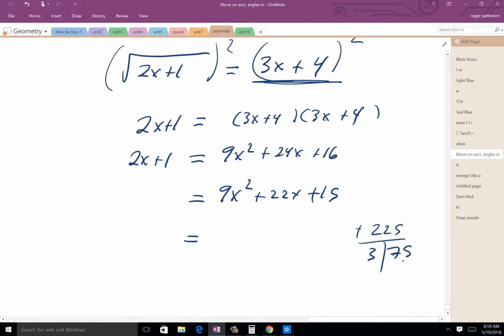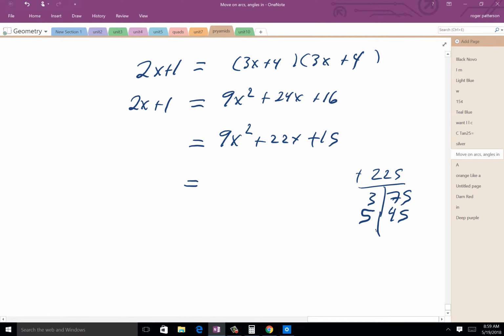I just don't think this is going to factor. 5 has to go in there. 45 times, I think. 9's going to go in there 15 times, obviously.